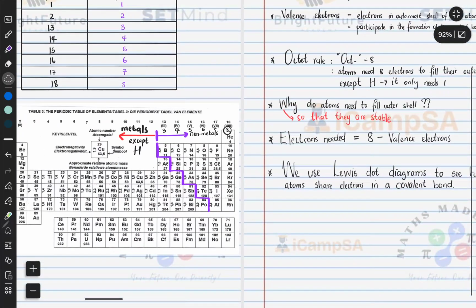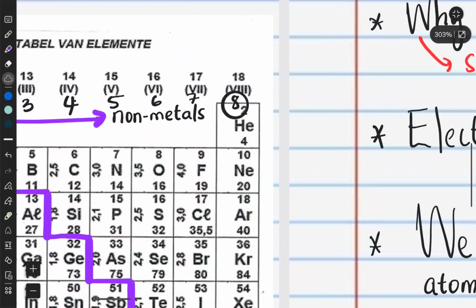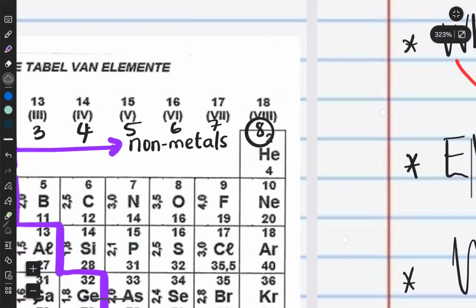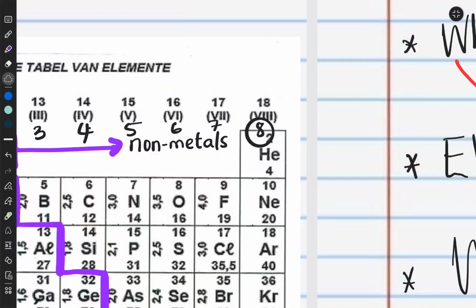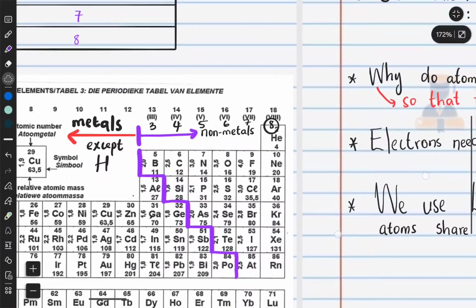So let's go and check on our periodic table. Fluorine is in group 17. Since it's in group 17, it has 7 valence electrons. Remember, the octet rule says that we need 8 valence electrons. So what does this tell us about fluorine?